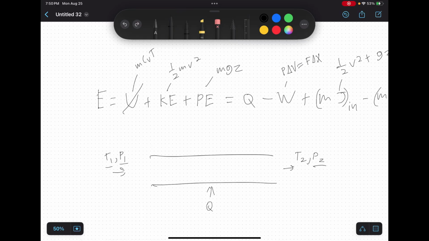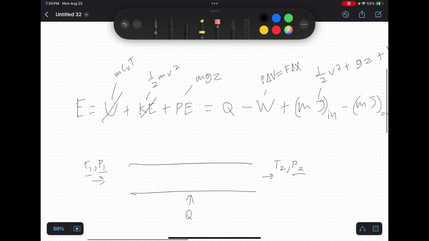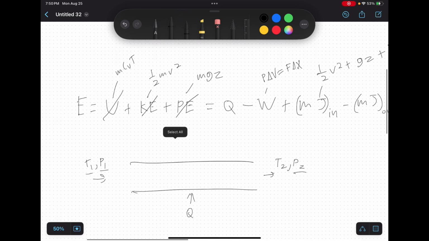Ke, let's assume V1 equals V2, which if you're in a thermo class, you can probably always assume because they don't want you to waste your time doing physics. They want you to do thermo. And then the height cancels out also because let's assume the average height of the air is the same on both sides.